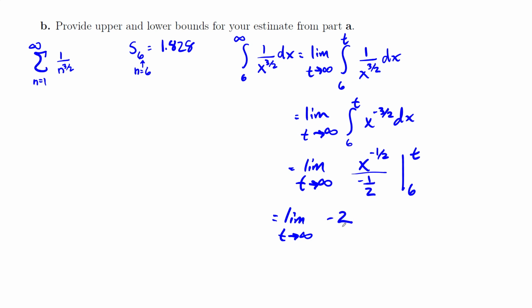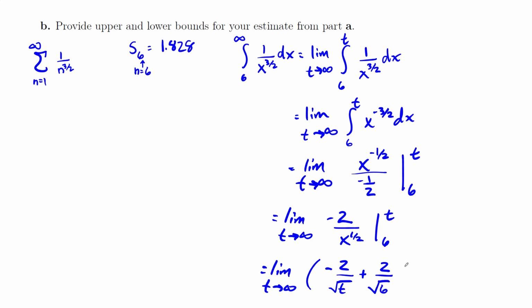And then on bottom, x to the 1/2 from 6 to t, right? But that's going to be the limit as t goes to infinity of negative 2 over t to the 1/2, or the square root of t, plus 2 over the square root of 6. But if you take the limit as t goes to infinity, this term zeroes out, and so we just get 2 over the square root of 6.